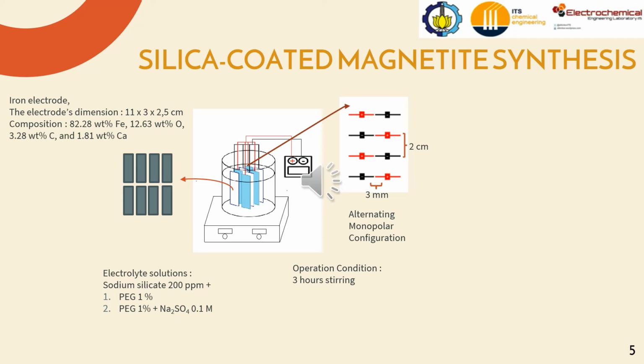The electrodes are arranged in monopolar alternating configuration like this. The distance between the electrode is 2 cm and the distance between adjacent electrode is 3 mm. After we configure like that, we connect it to the power supply.